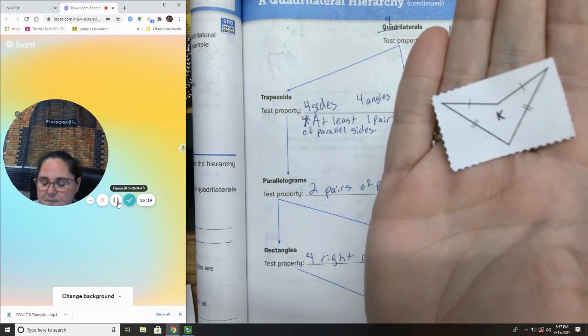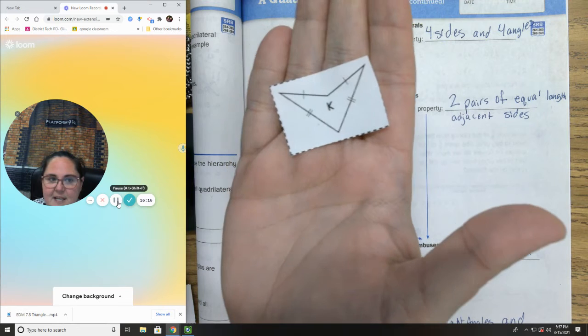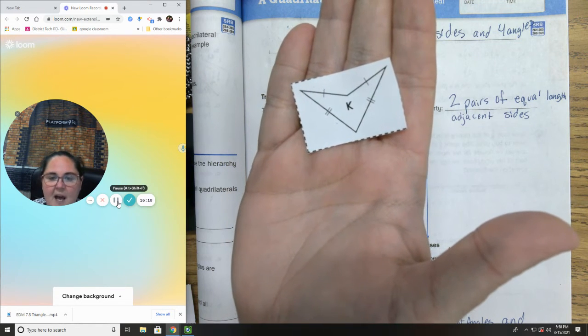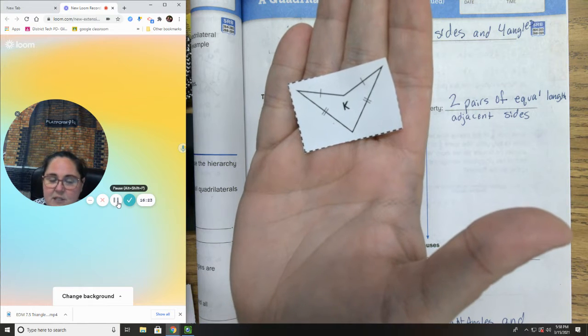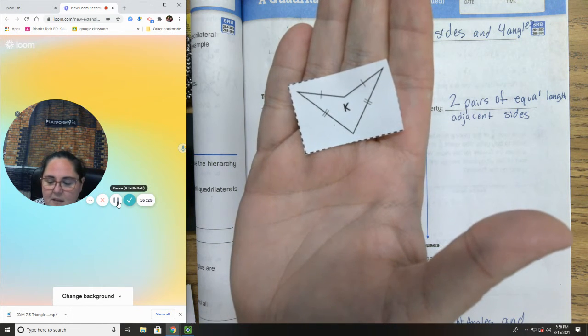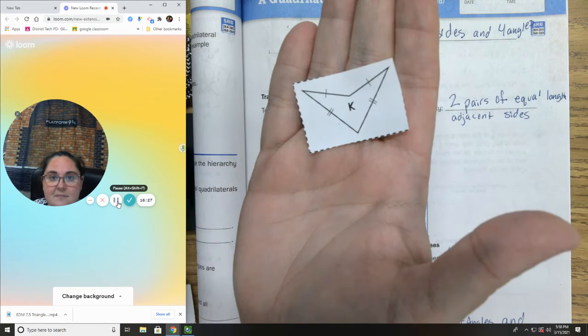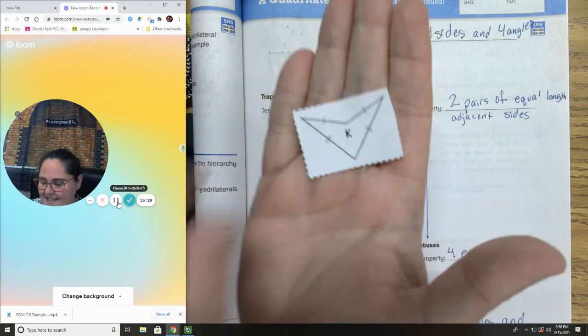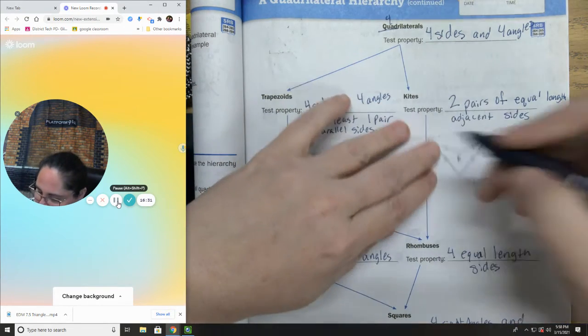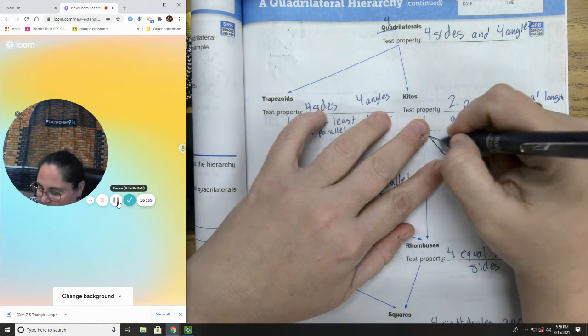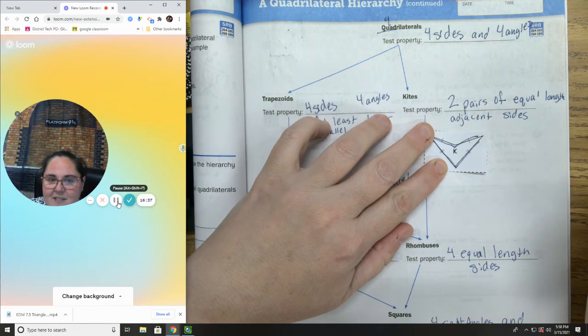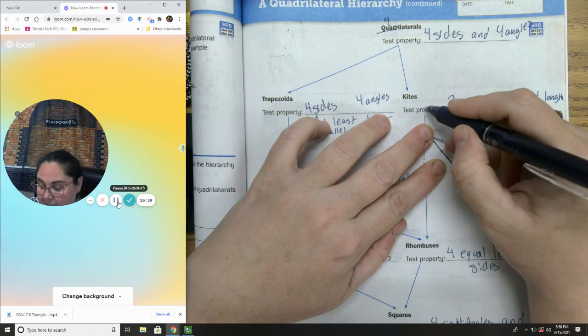No, it does not. Does it have two pairs of equal length adjacent sides? So the sides that are touching, the same length. Yes. If I look at this side right here and this side right here, they are touching and they are the same. This one and this one are touching, they are the same. So this right now is a kite.